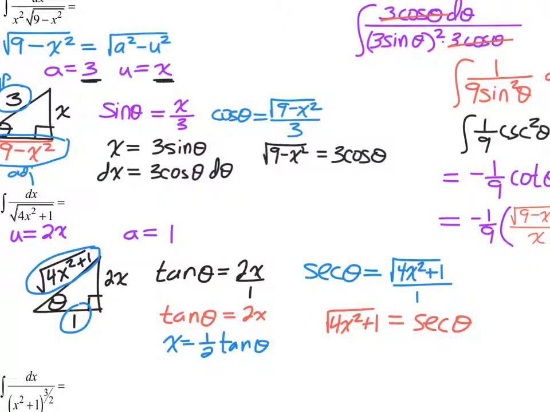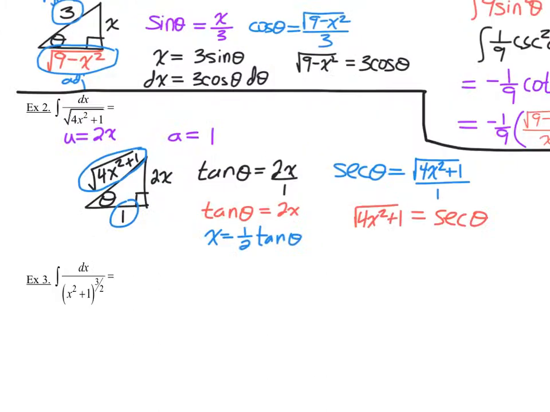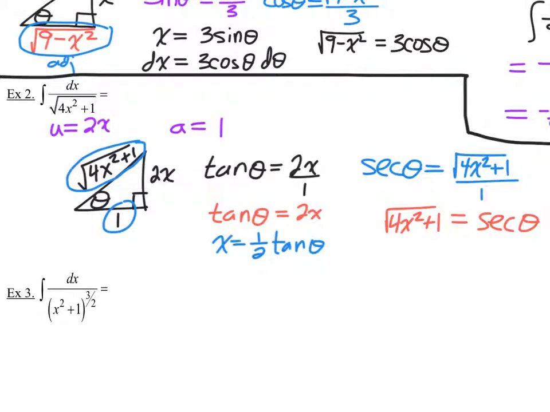So try finishing this one for homework, because I basically created all your substitutions. You just have to plug them in, simplify, integrate, and then reverse substitute. I make it sound easier than it is, but it's still very doable. So we needed to take the derivative of our x equation. This is the part where you start paying attention again. So dx is going to be 1/2 secant squared theta d theta.